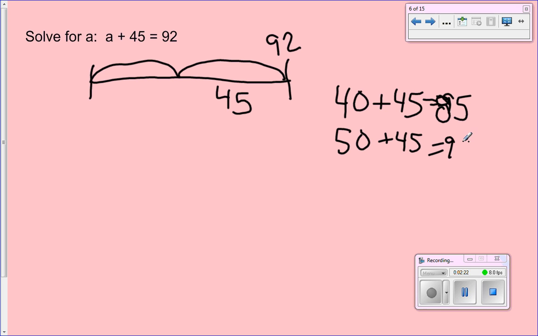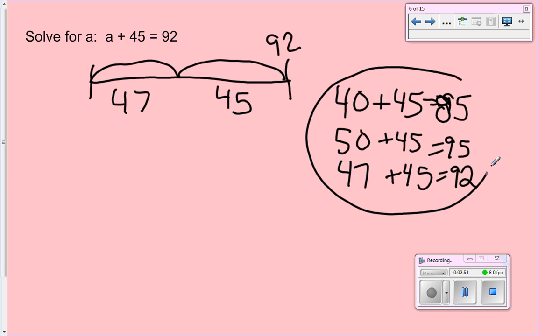And that's too high. So I know I need to back off 3 from my 50 to get my 92. And so I know that 47 plus 45 gives me 92. So this would be using the visual model. I need 47 plus 45 to get to 92. And then over here, we use guess and check.